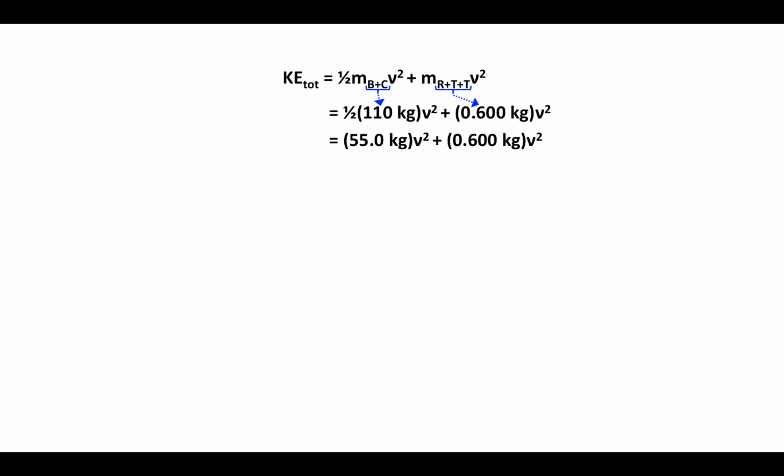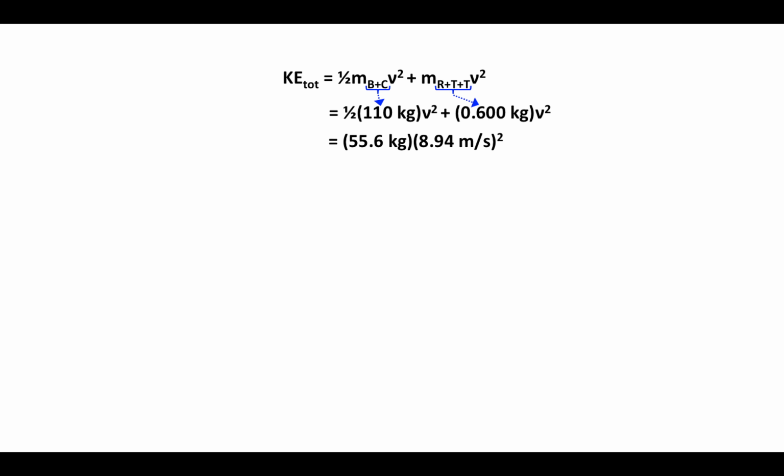Multiplying out that first term converts 110 kilograms into 55. Now I can consolidate a little bit. If I consolidate my mass terms and factor out V squared, I get this. Now V, remember, is 20 miles per hour, which is 8.94 meters per second, and when I substitute 8.94 meters per second for velocity, I get this term here.